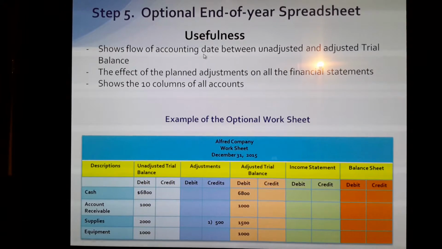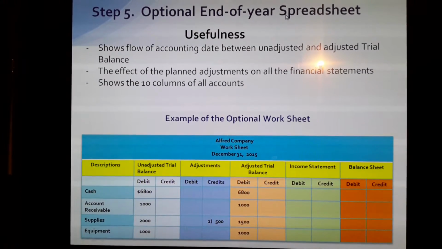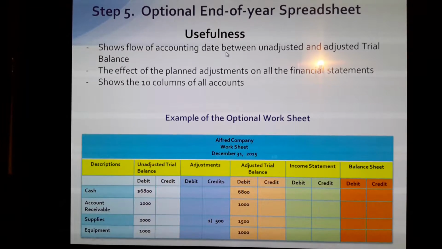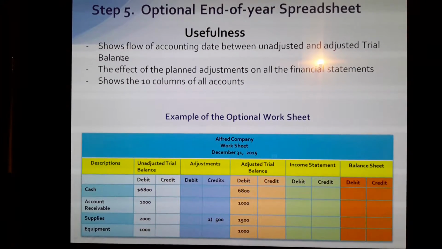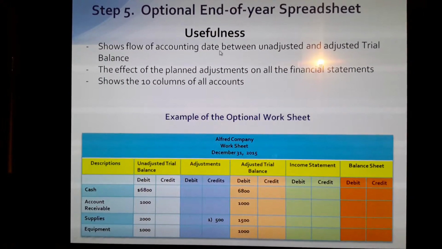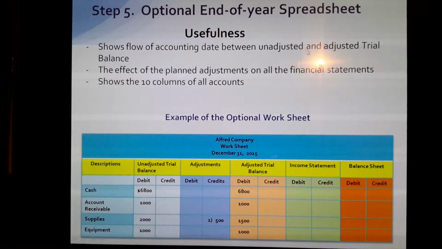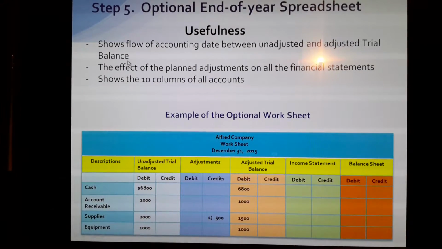Okay, step 5 is an optional end of year spreadsheet. The optional end of year spreadsheet shows the flow of accounting data between unadjusted and adjusted trial balance.